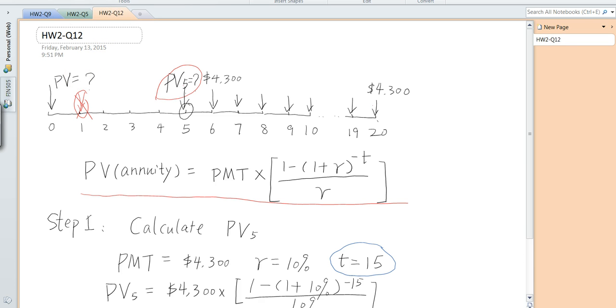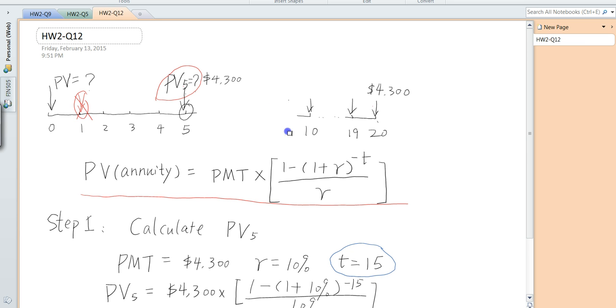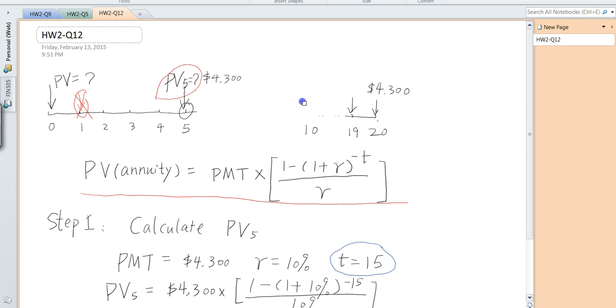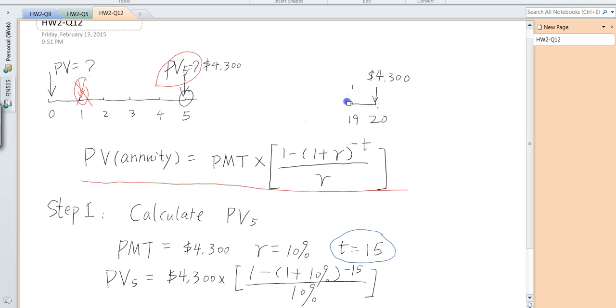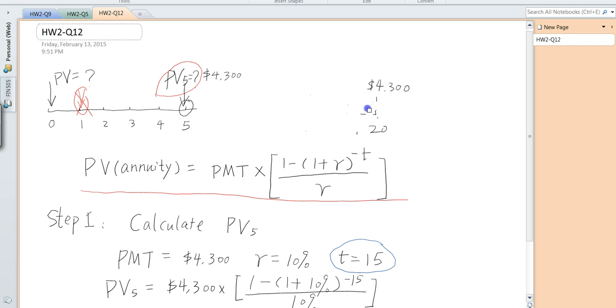So now why don't I just erase all these so you can better understand what I mean. By having this single number, present value in terms of year 5, as I said, I can forget about all those future cash flows because this single number summarizes all these future cash flows.